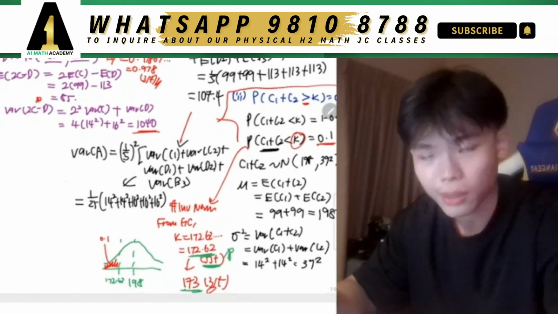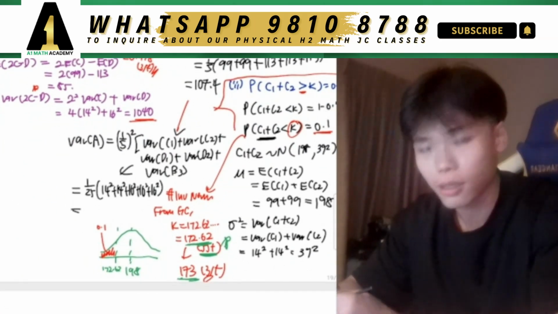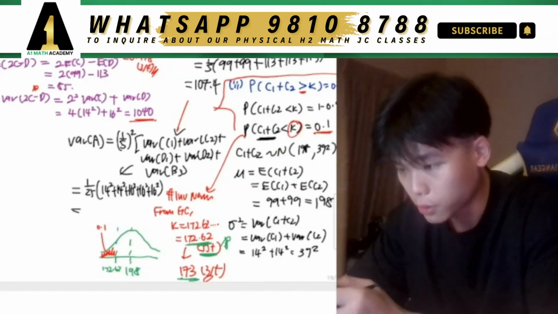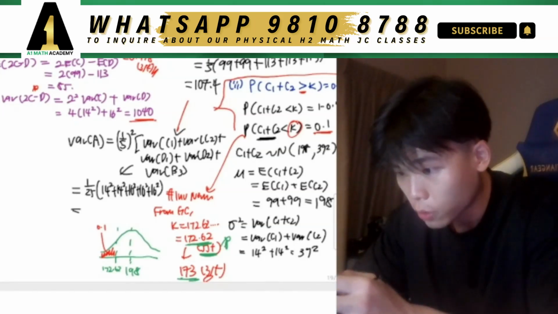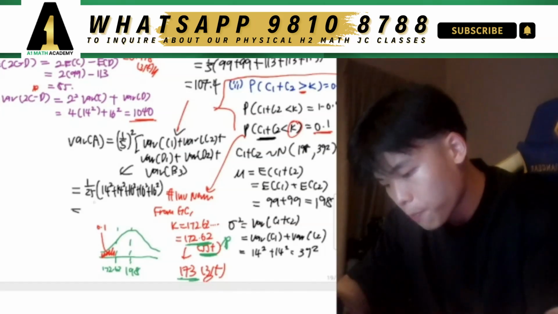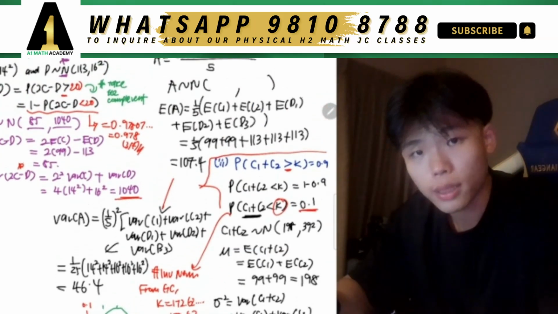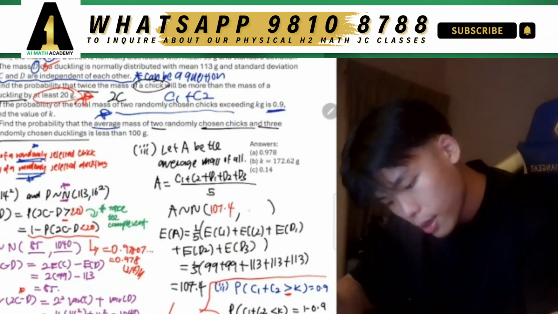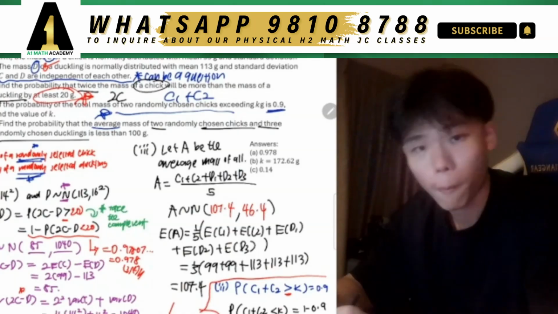Sorry you weren't able to see that. Then I will just key this whole thing into my calculator: 14 squared plus 14 squared plus 16 squared times 3, and I'll get a value of 46.4. So what this means is the mean is 107.4, and the variance is 46.4.